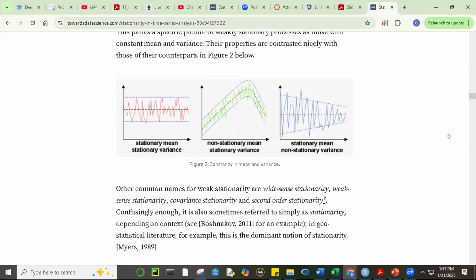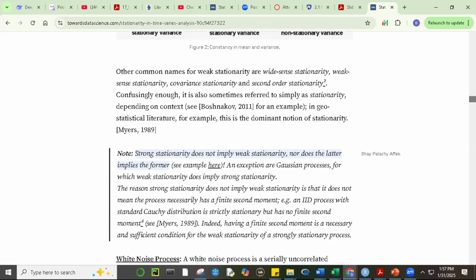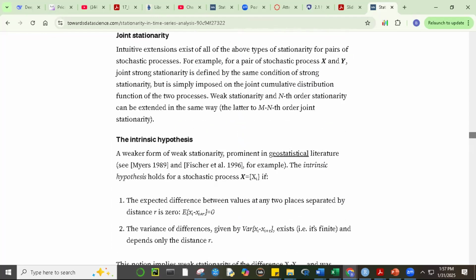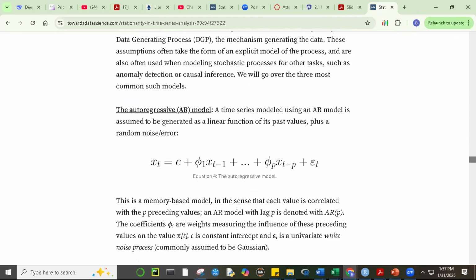So you'll have situations like that, wherein you have non-stationary in mean but stationary in variance, or vice versa: the mean is stationary, constant over time, but the variance is not, so non-stationary. These are the examples of a stationary and non-stationary time series.